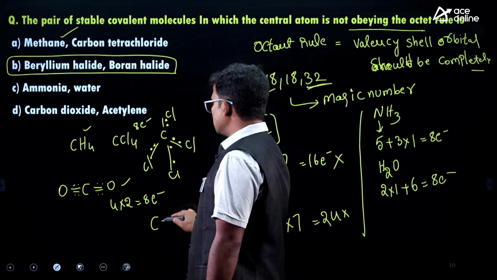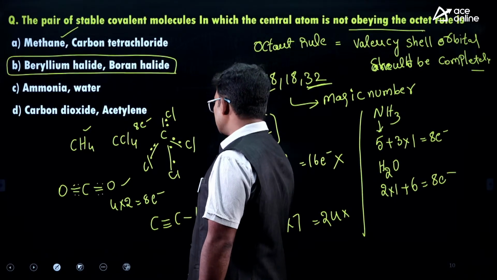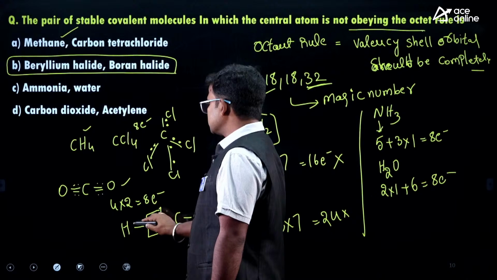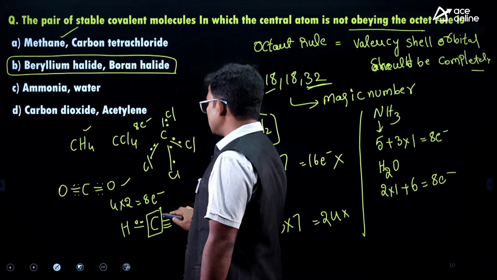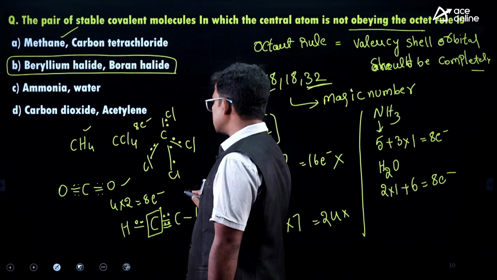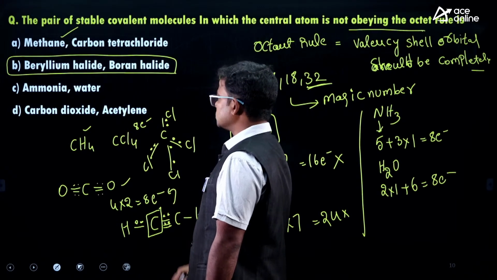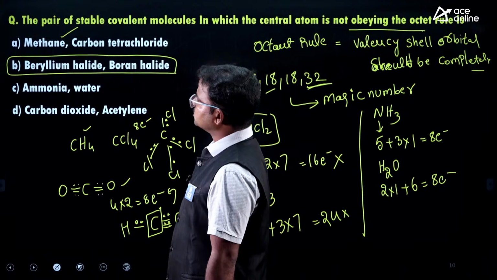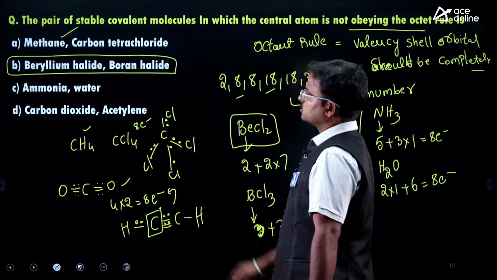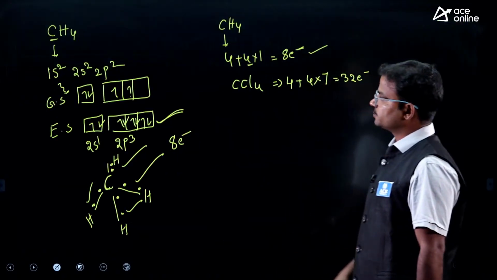Next, the acetylene molecule is considered like this. Here is the central atom. Here 1 bond is there, here it is attached with 3 bonds. So totally 4 bonds, and 4 bonds means 8 electrons. So except B, all the remaining molecules can exhibit the octet rule. That's why option B is the right answer.